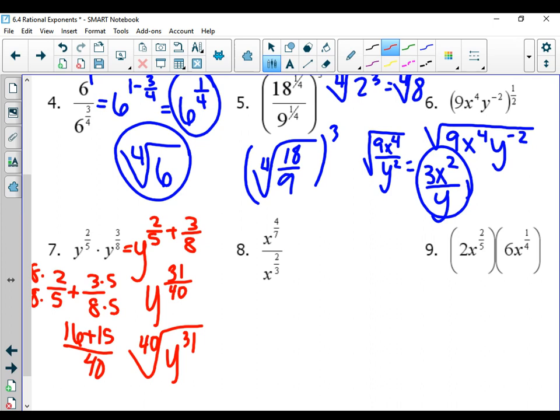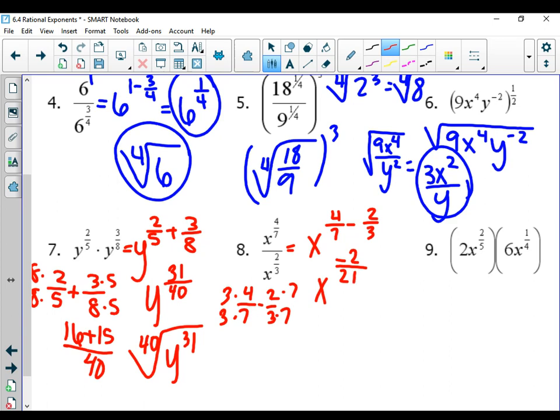The next one, we're subtracting. So we have 4/7 minus 2/3. So 4/7 minus 2/3. I can multiply by 3, multiply by 7. And so I end up with 12 minus 14, which is a -2 over 21.